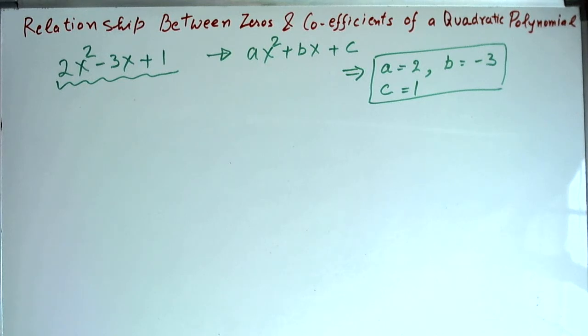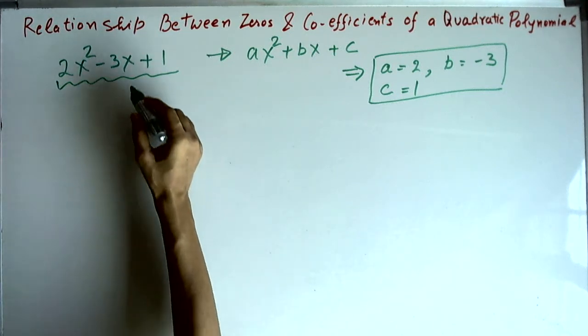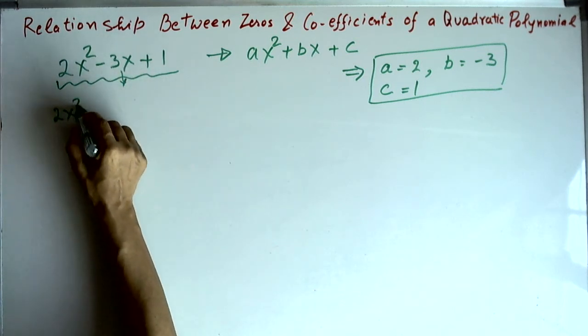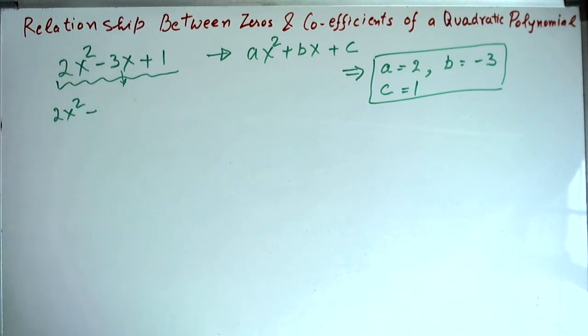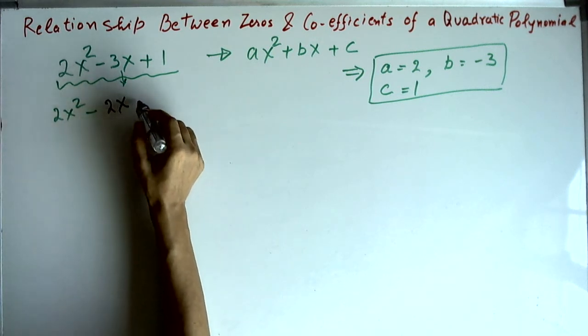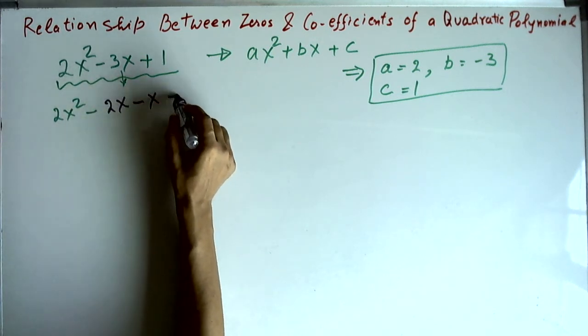For finding the zeros, we can either use the factor theorem or the factorization method. So let us do factorization by splitting the middle term. So this 2x² - 2x - x + 1.